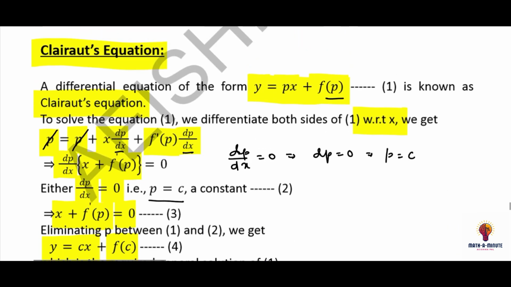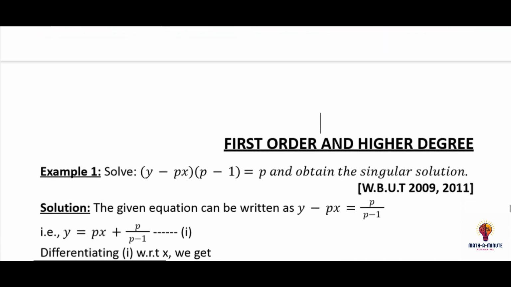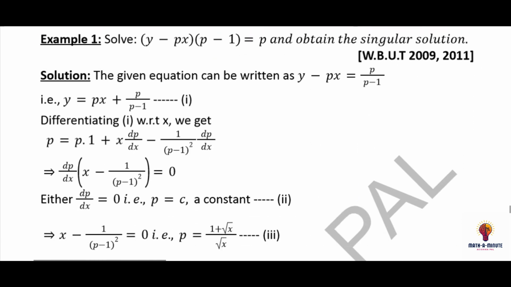Now try to understand this method with an example. Okay, so there is a differential equation y minus px equals p/(p minus 1). Here we have to obtain the singular solution. Before finding the singular solution, we have to find the general solution.